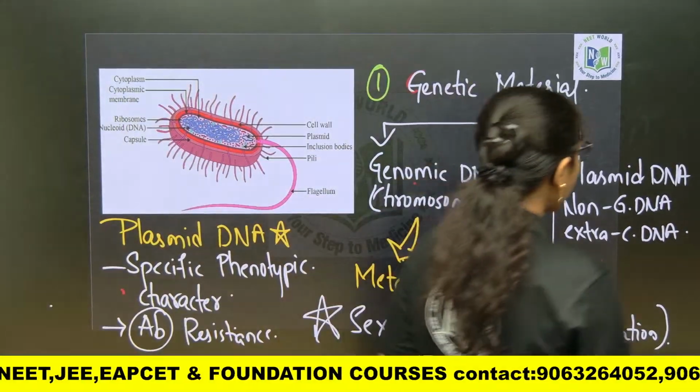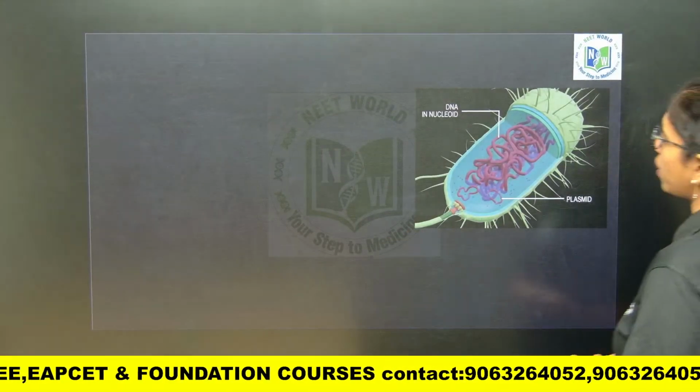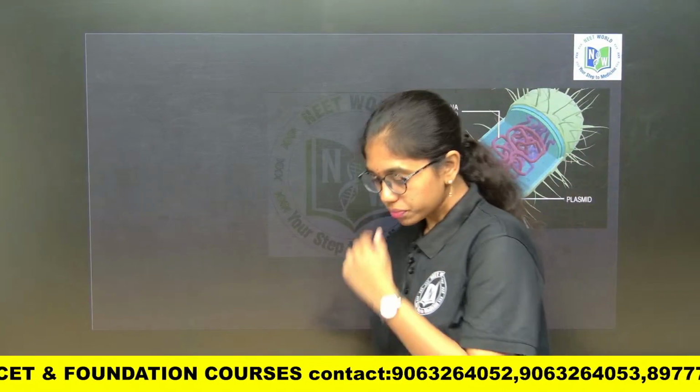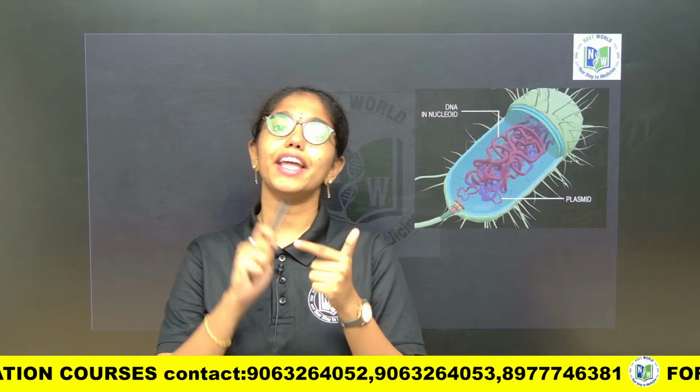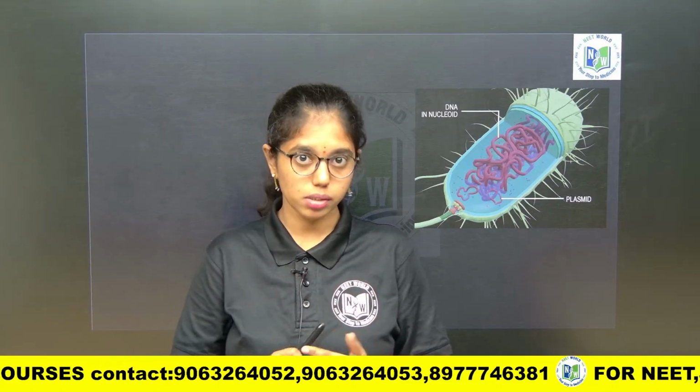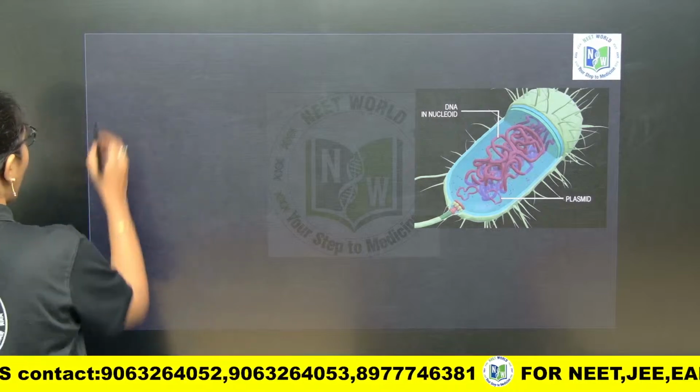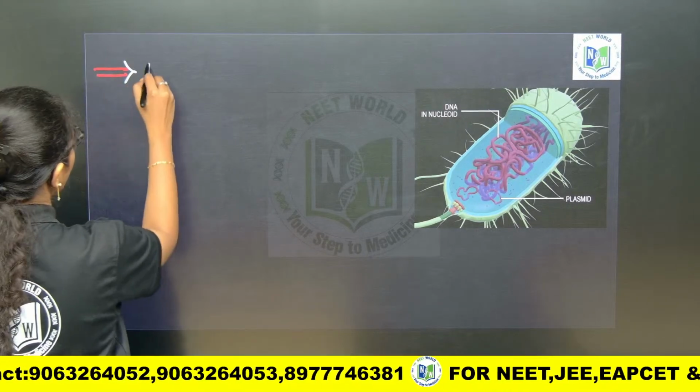Now, other non-membrane bound organelles in the prokaryotic cell. We all know that the prokaryotic cell does not have a membrane bound nucleus or membrane bound organelles, but it does have non-membrane bound organelles.